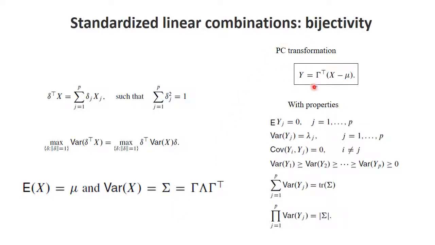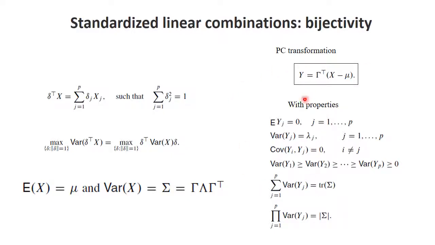So here we notice that this is the transformation of the original data into factor variables. At least theoretically, if this is just based on theory, so no sampling, we then have the following properties: the mean of this is 0, the variance is related to the eigenvalues, their covariances are 0, so they are orthogonal, and their variances are ranked according to the various eigenvalues.